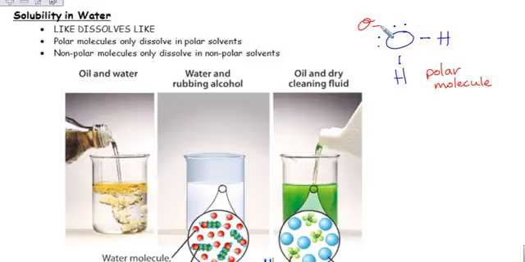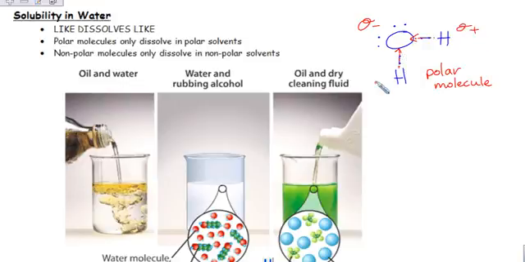Number 1, there's 2 lone pairs of electrons and electrons are negative. Number 2, the oxygen-hydrogen bond is very polar, with oxygen having a higher electronegativity. So these electrons that are being shared are drawn closer to the oxygen, making that oxygen region partially negative.